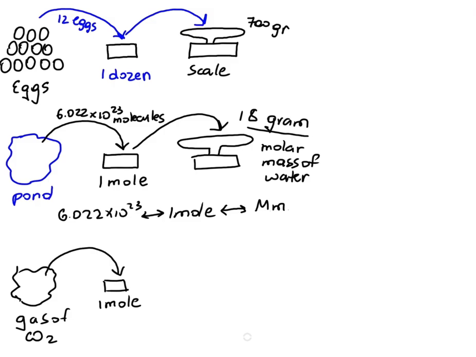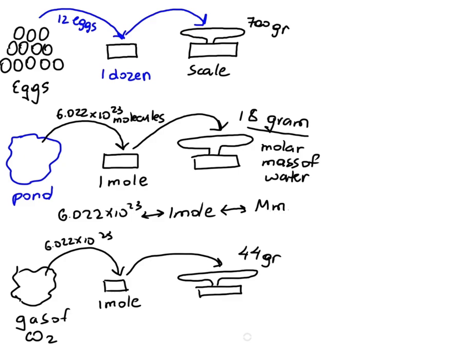You need exactly the same amount. You need 6.022 times 10 to the 23. That's the magic. That's the number of CO2 molecules. And then when you transfer it to the scale to measure the mass, it's going to be, I believe, 44. Yeah, 44 gram. So it's 44 gram per 1 mole, or we can just say per mole. That's where the molar mass came from.